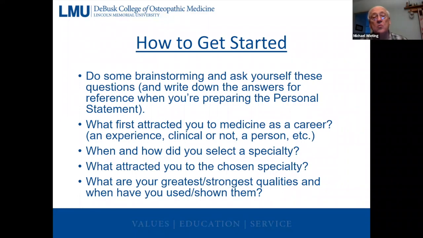And when you're talking about what attracted you to the specialty, you don't want to say, and I've seen this so many times, well, I want to be an excellent, well-rounded PM&R clinician that's been exposed to the breadth and depth of the specialty, so that after residency, I will be able to be a functional, capable, independent clinician no matter where I go.